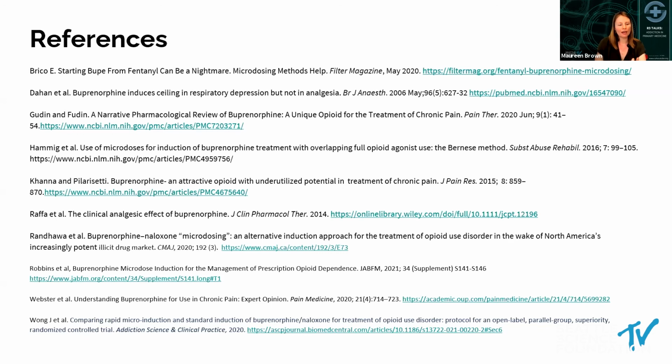That allows us to identify the quote-unquote capture dose, or the dose that allows patients to go forward without withdrawal symptoms. Typically we start with 4 milligram titrations, but it does depend on how much buprenorphine you expect the patient to need based on their pre-existing morphine equivalents.